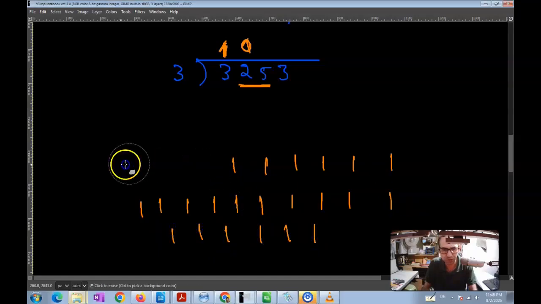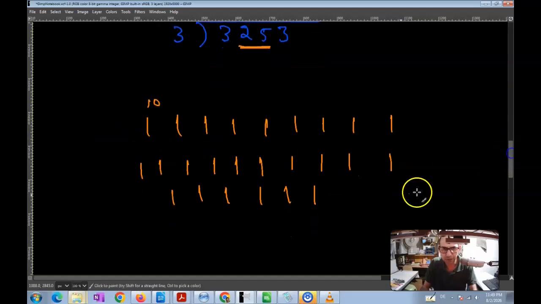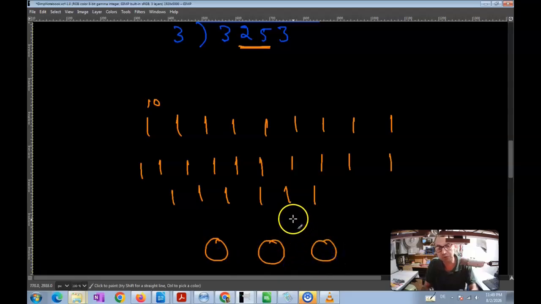Let me draw these as well this way. So that's 2, 4, 6, 8, 10, 12, 14, 16, 18, 20, 22, 24, and 25. So these are groups of 10, and we have the three groups among which we want to distribute these.